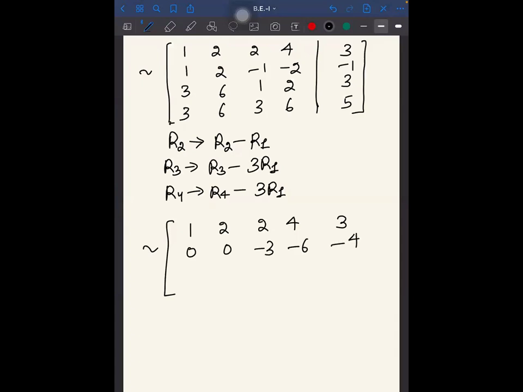Similarly, 0, 2 into 3 is 6, 6 minus 6, 0. 2 into 3 is 6, 1 minus 6, minus 5. 4 into 3, 12, minus 10. 3 into 3, 9, minus 6. And then 0, 0. 2 into 3, 6, minus 3. 4 into 3, 12, minus 12. And 3 into 3, 9, minus 4.